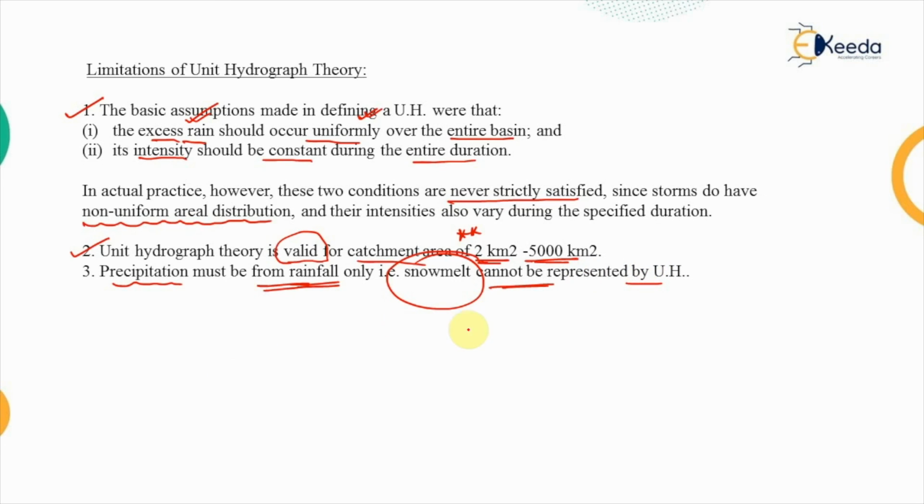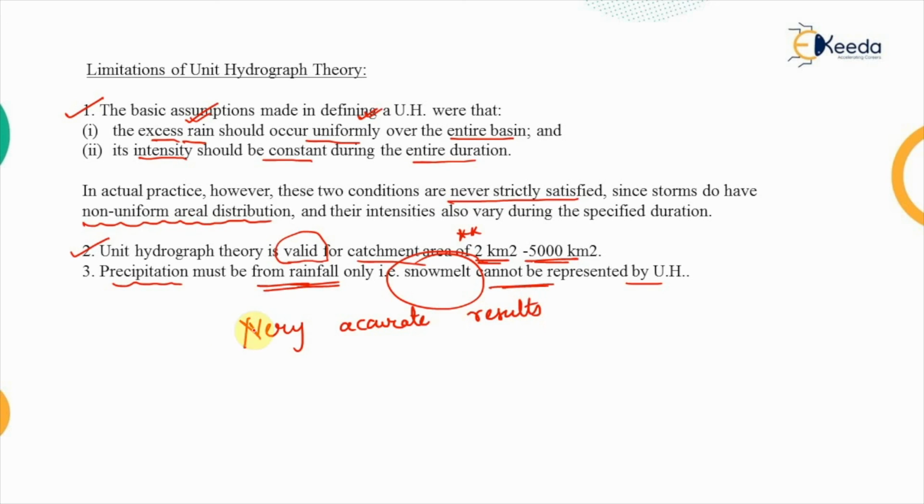In addition to these limitations, there are certain fluctuations in the values obtained by the unit hydrograph, because of which we do not get very accurate results. So that is also one of the limitations.